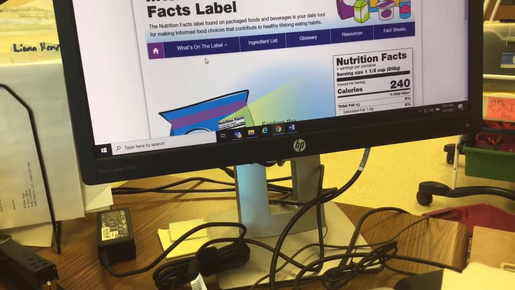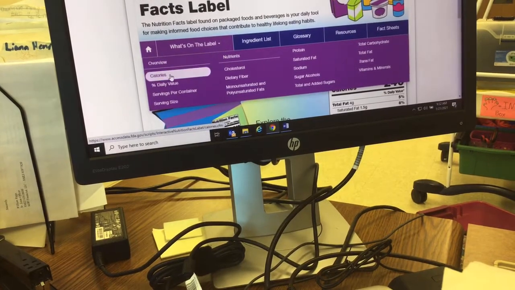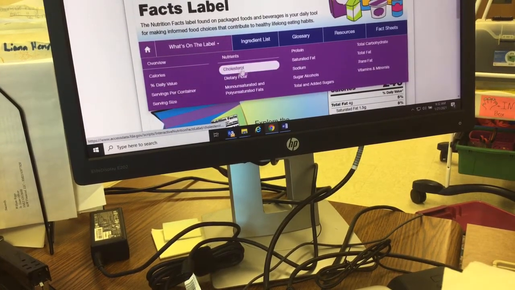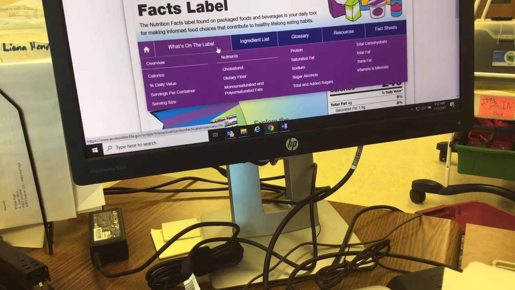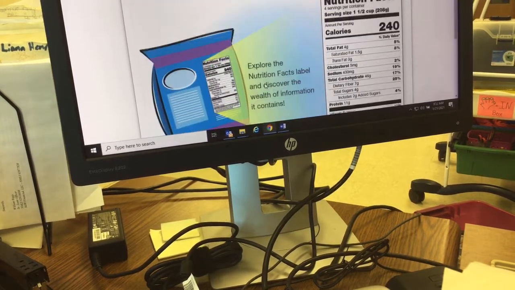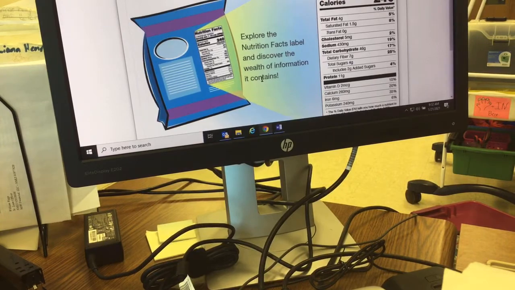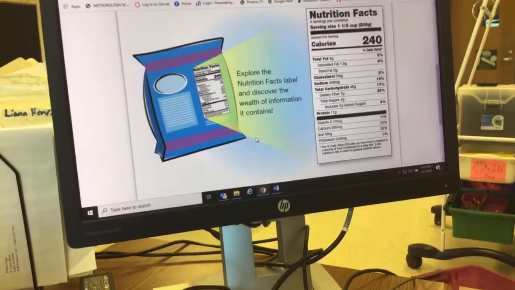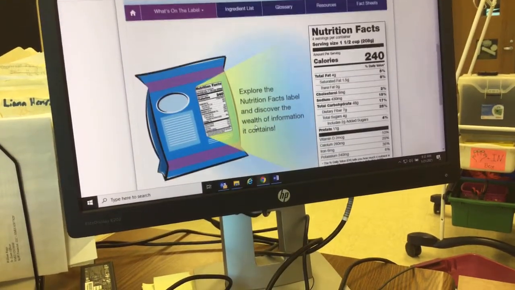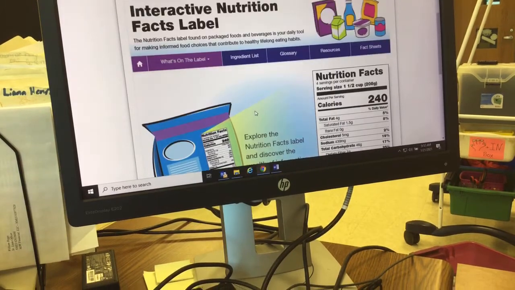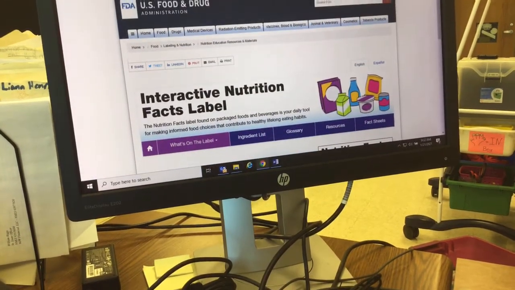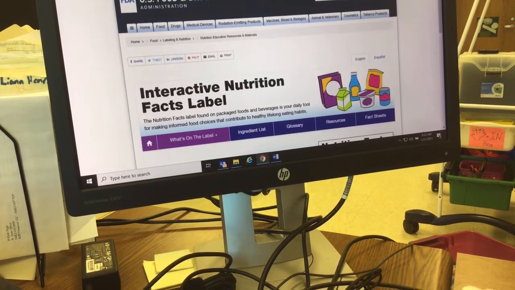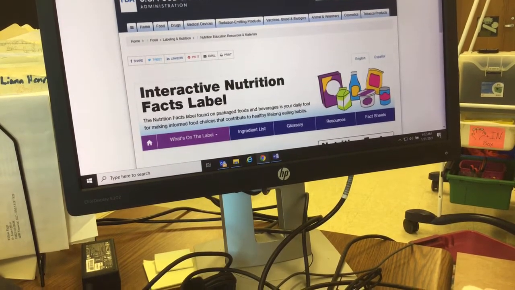It goes through what's on the label, so if you want more information about any of these things that we talked about, you can go to this website and it will help walk you through and talk about each of these things and give you an idea of whether foods are healthy or unhealthy. I meant to go back and forth to that, but I got excited about what I was talking about and then I forgot.